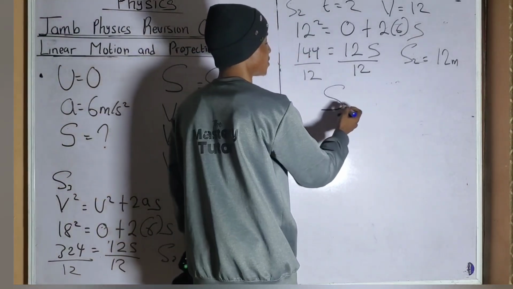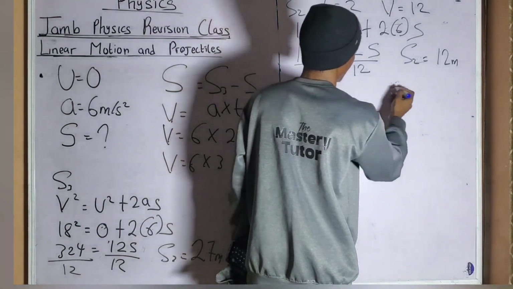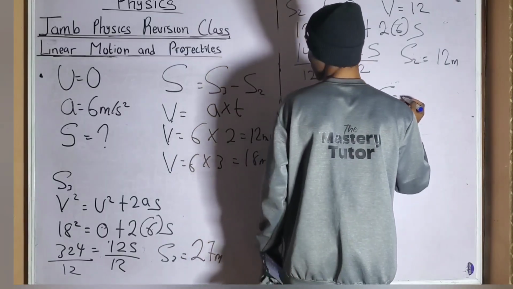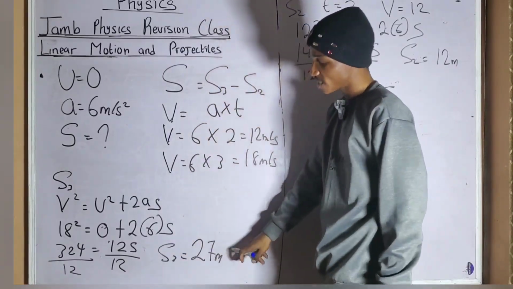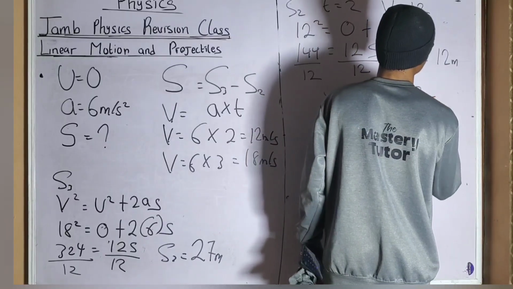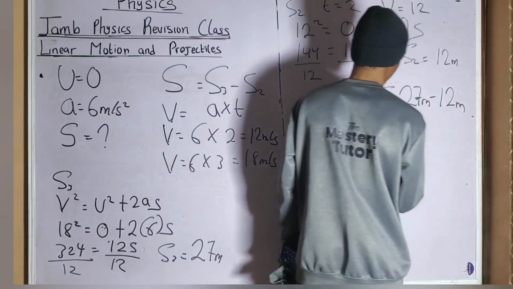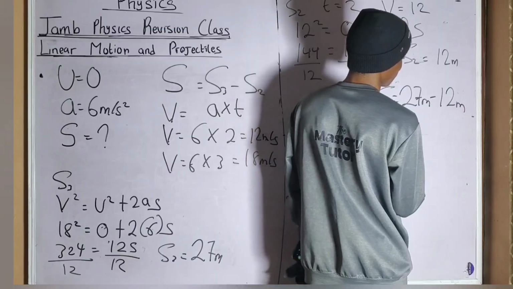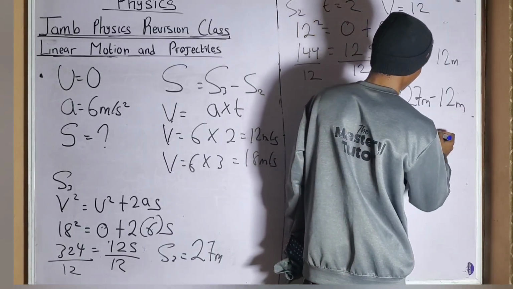So the distance I'm looking for, S, is equal to S3 minus S2. S3 is 27 meters, minus S2, which is 12 meters. So S is equal to 15 meters.